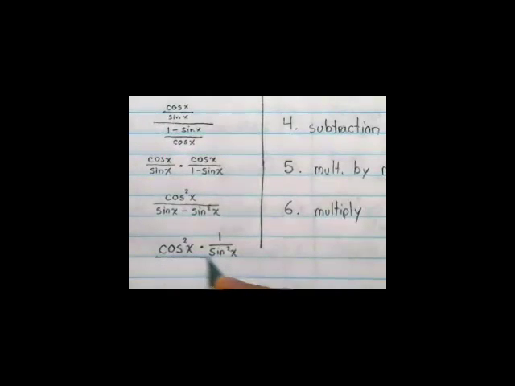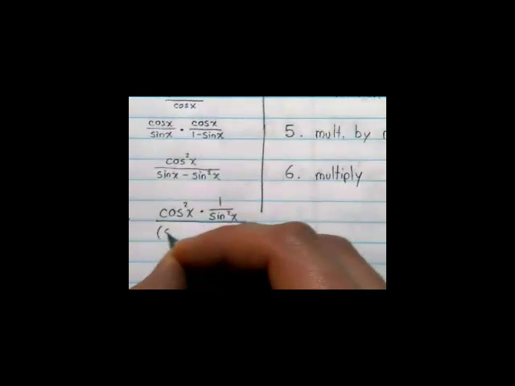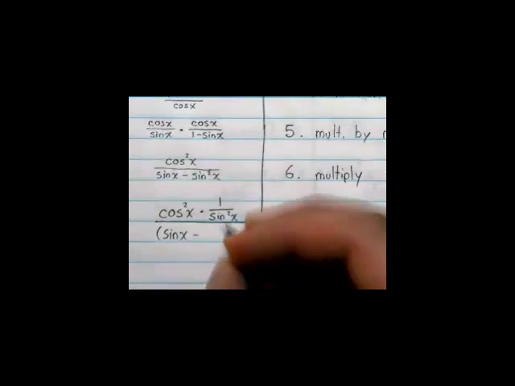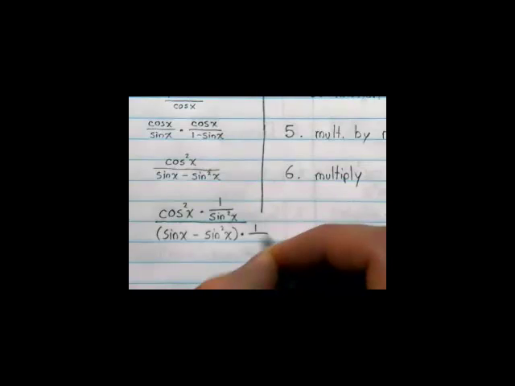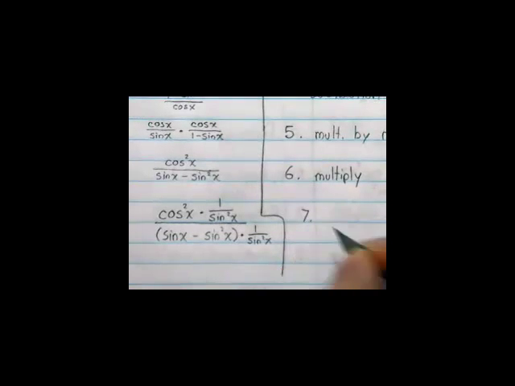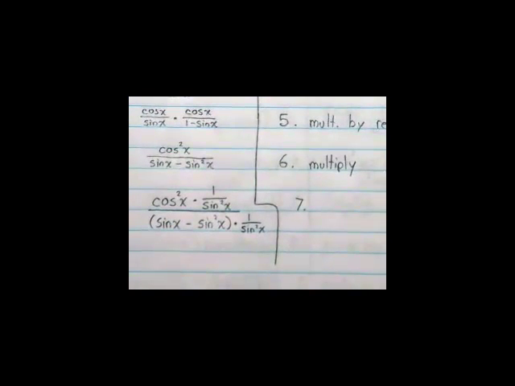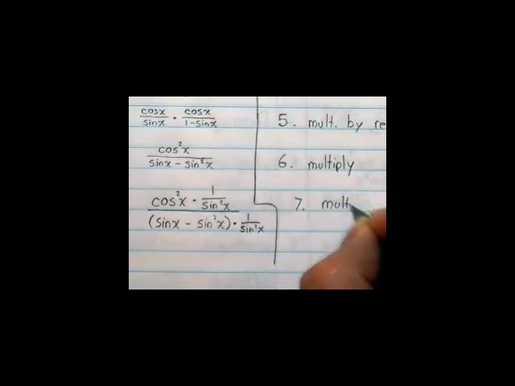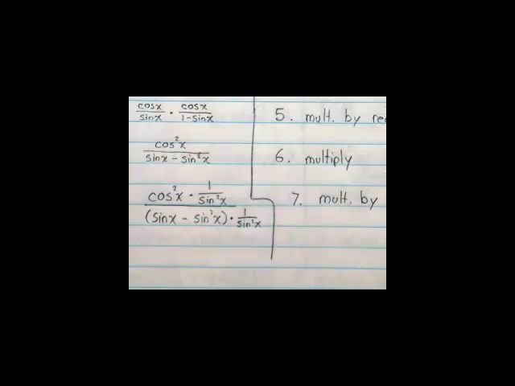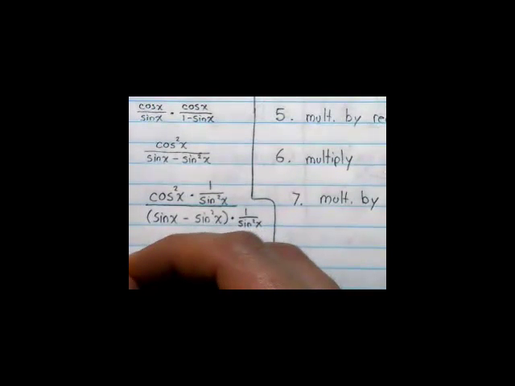So I'm going to take this sine x minus sine squared x and also multiply it by 1 over sine squared x. That makes it so I'm actually multiplying the entire fraction by 1, which is okay, right? So you have to do it that way. This will just say multiplication by 1, because we're multiplying the top and the bottom of that fraction by the same thing.